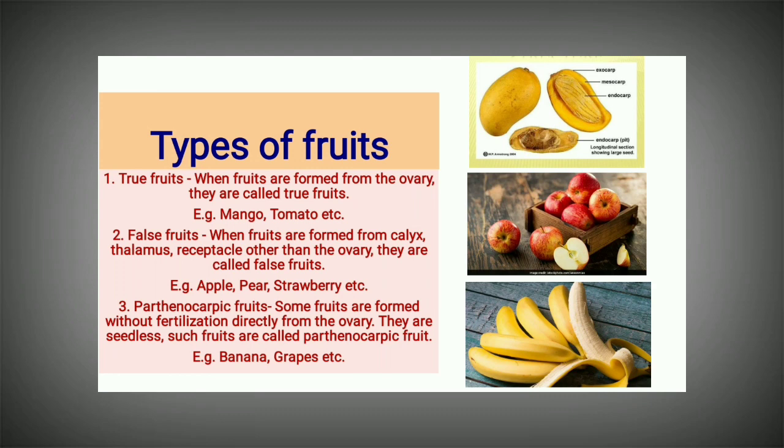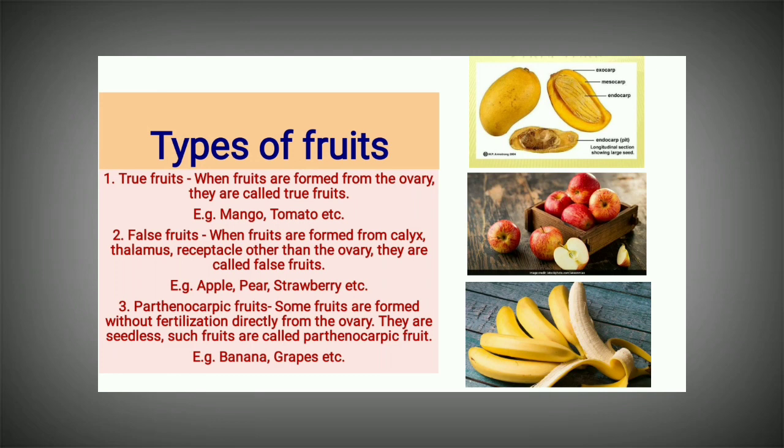After the act of fertilization, the ovary doesn't grow much in its size or develop further, but the accessory parts present in the flower, such as the calyx, thalamus, receptacle, which are nearby the ovary, show rapid development along with the reduced ovary. Such fruits are called false fruit. For example, apple, pear, strawberry, etc.